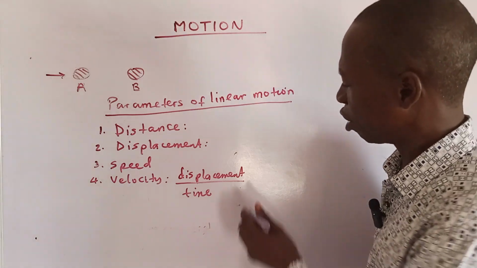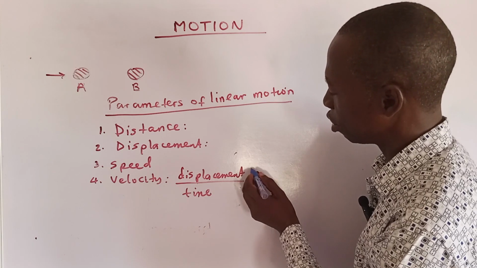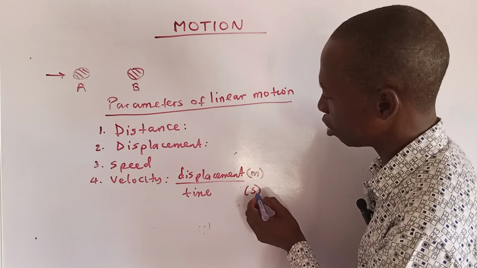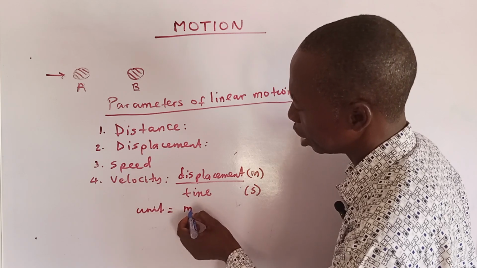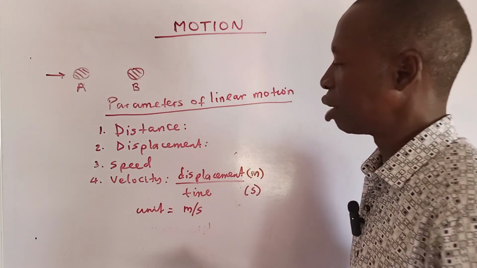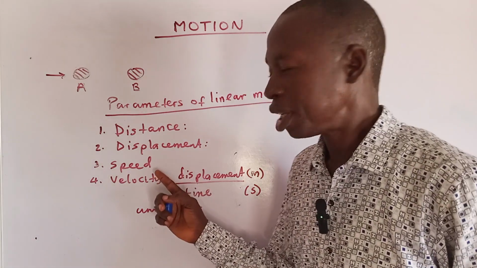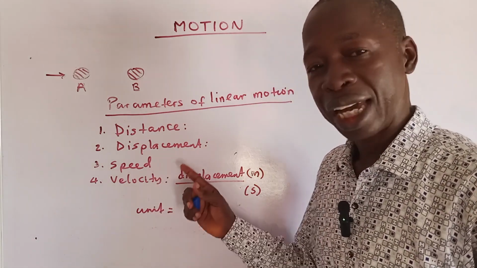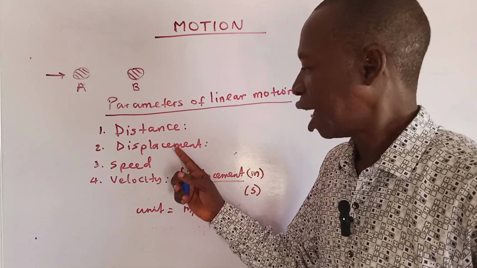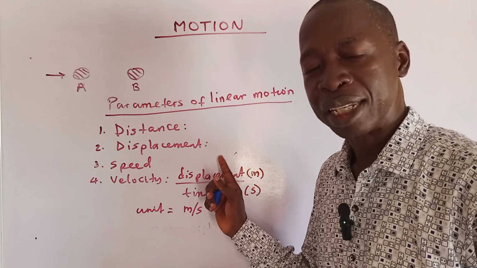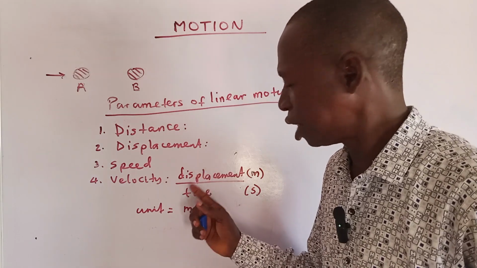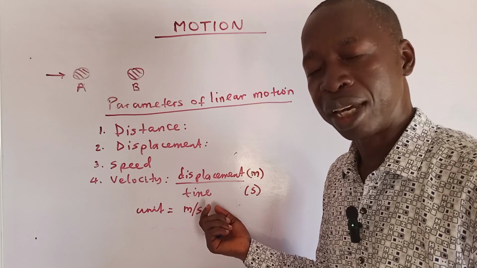Now, the unit of velocity, just like speed, is also meters per second. So it has the same unit as speed. But like I explained, speed has to do with distance covered divided by time, while velocity is displacement divided by time.